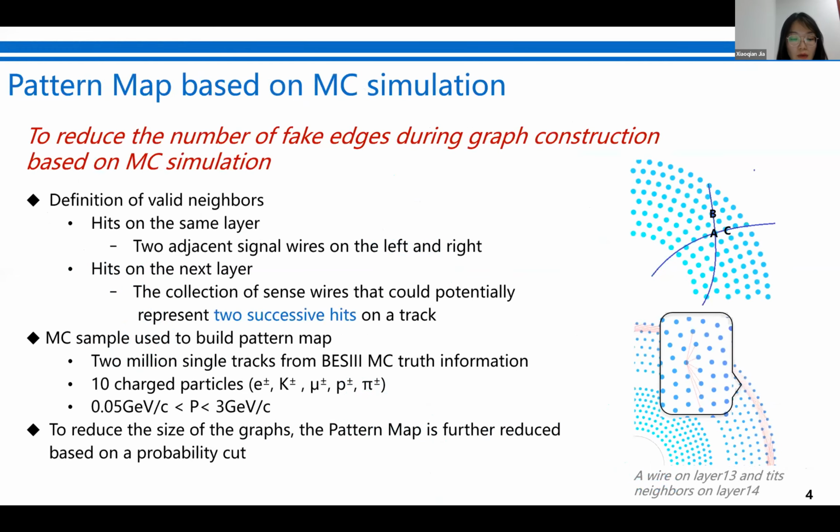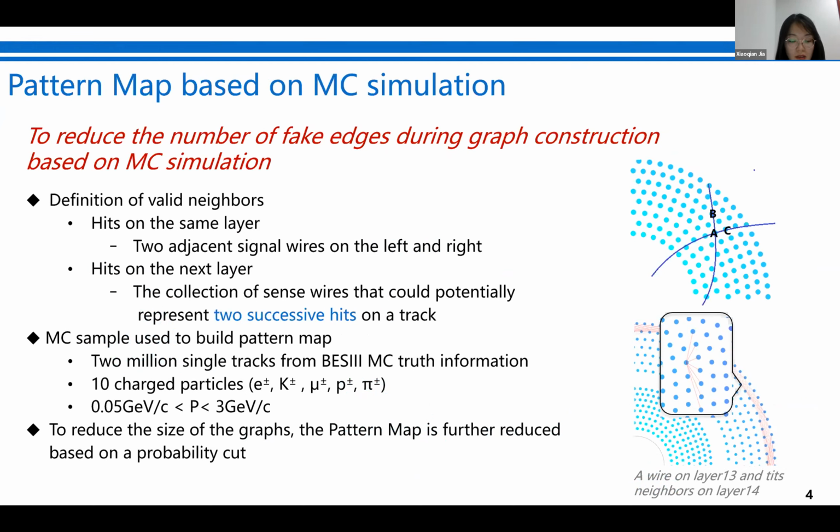When constructing a graph, it's unrealistic to assign edges to any two nodes in the data because most of those edges are fake, and that will make the graph too large and consume too much computing resources.